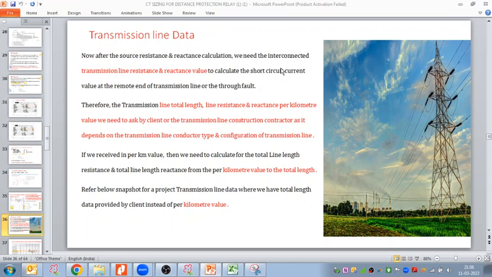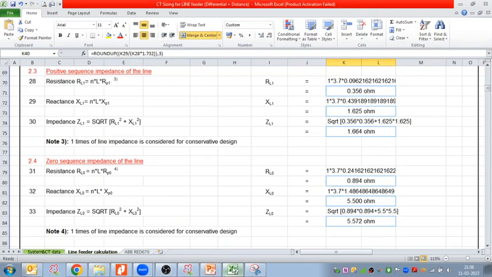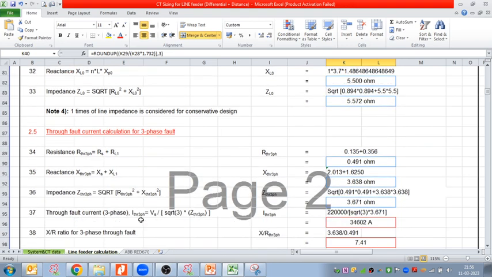So this is the purpose why we are calculating the source resistance and source impedance. Clear, Bharat? Let me tell you why we discussed the source resistance, reactance, impedance. If you refer to this through fault current calculation, RS is my source resistance plus RL is my transmission line conductor resistance.